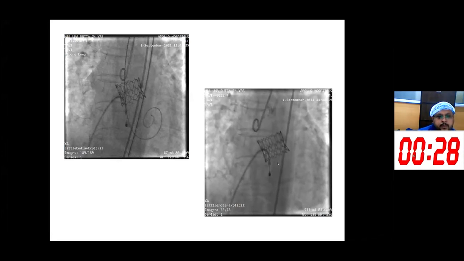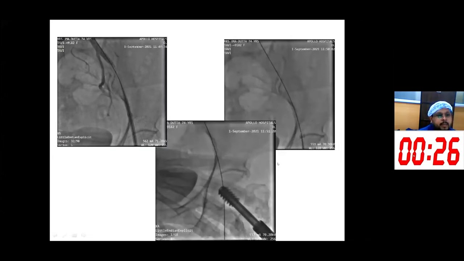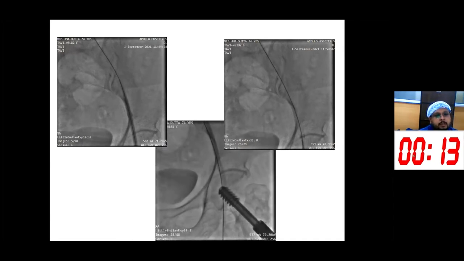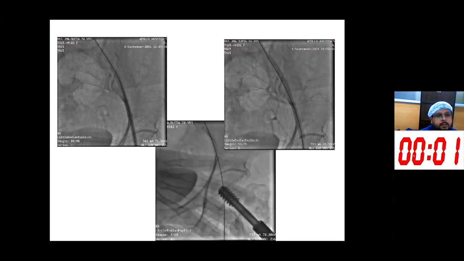Now our main worry was that we had dilated the femoral artery. Because the Python sheath is there, we thought there would be no issue of bleeding. But when we remove the sheath, there may be perforation. So we were ready with a peripheral stent, a Fluency stent, so that if there is any perforation, we would immediately do a covered stenting.